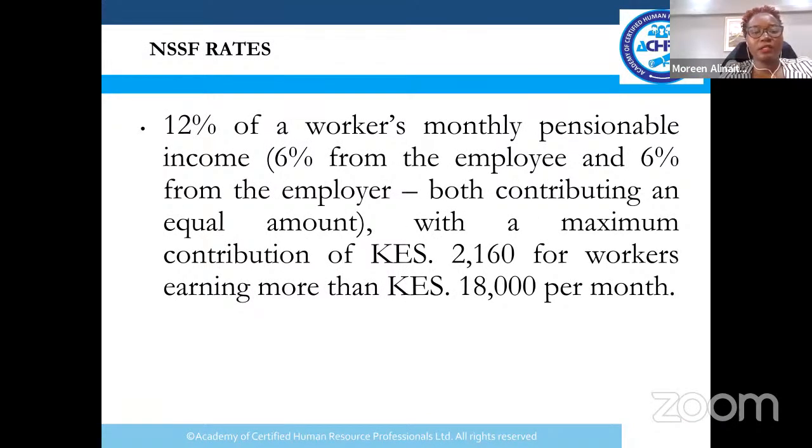The NSSF rate at the moment is 12% of the worker's monthly pensionable income, that is the basic salary, of which 6% is contributed by the employee and 6% is contributed by the employer, both contributing an equal amount, with a maximum contribution of 2,160 for workers earning more than 18,000 per month.